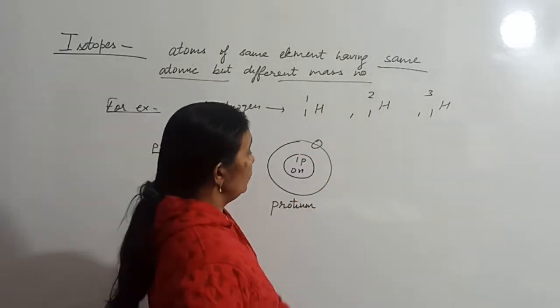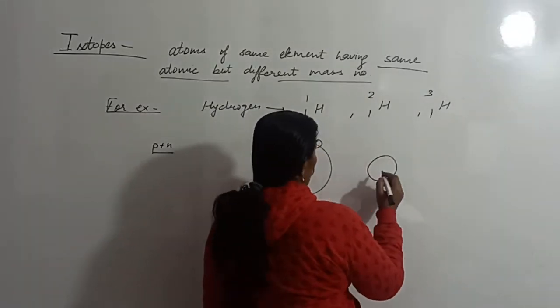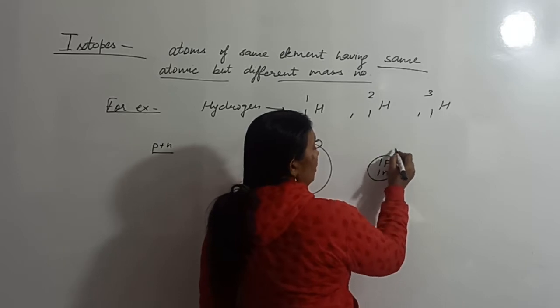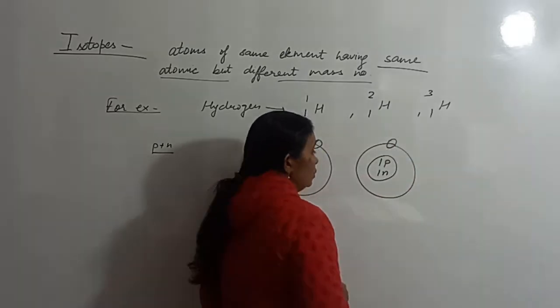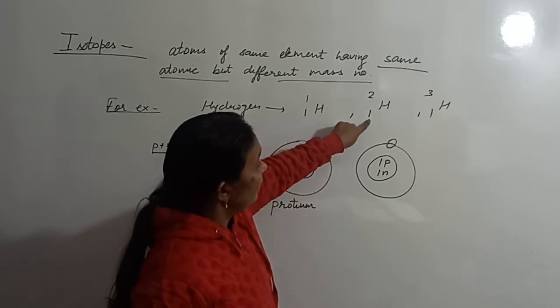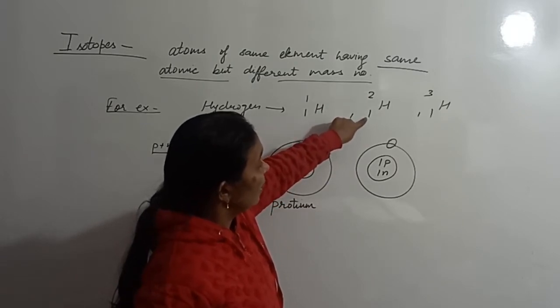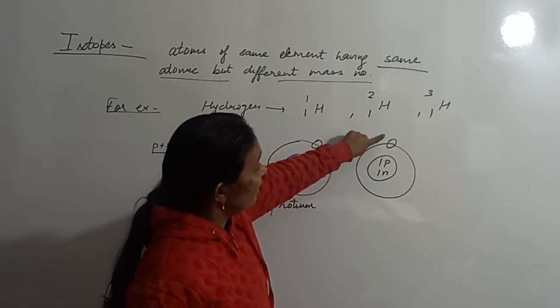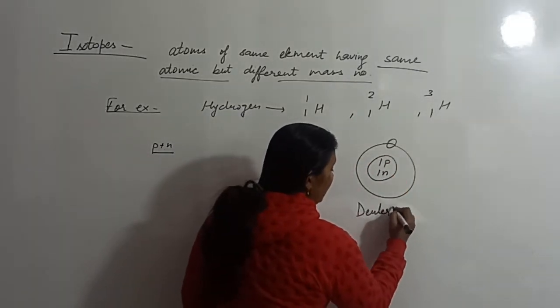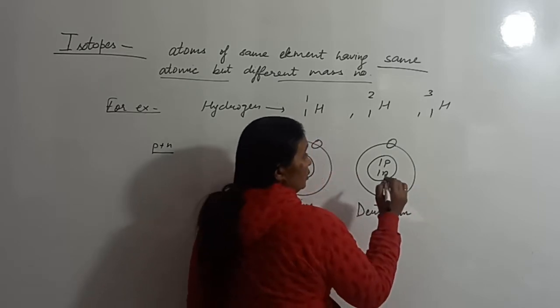Then the second isotope, if we draw the structure, is 1 proton, 1 neutron and 1 electron. So 1 proton plus 1 neutron makes mass number 2, and atomic number is 1, that means proton 1, electron 1. This isotope is known as deuterium.